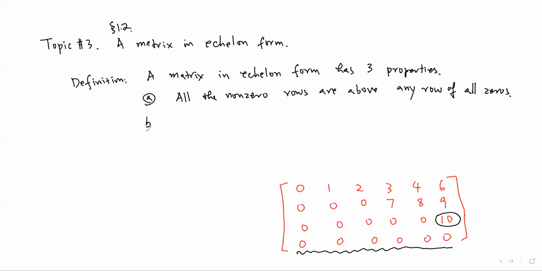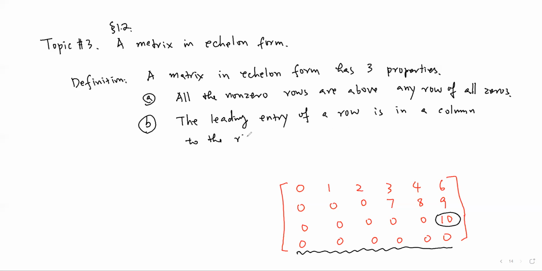Now, property number 2. The leading entry of a row should be in a column to the right of the leading entry of the row above it.